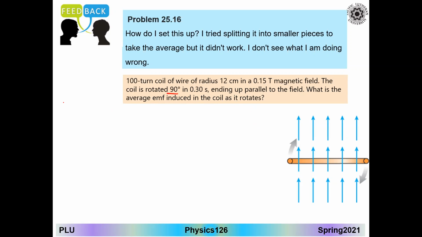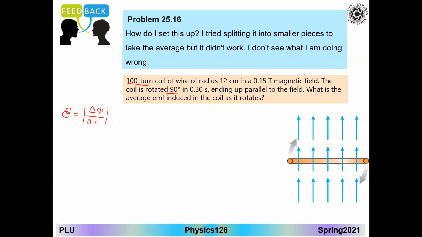So basically, the only new thing here, if you look at your textbook, is the formula when you have a number of turns in the coil. The EMF, as we mentioned, is just the absolute value of delta phi divided by delta t.